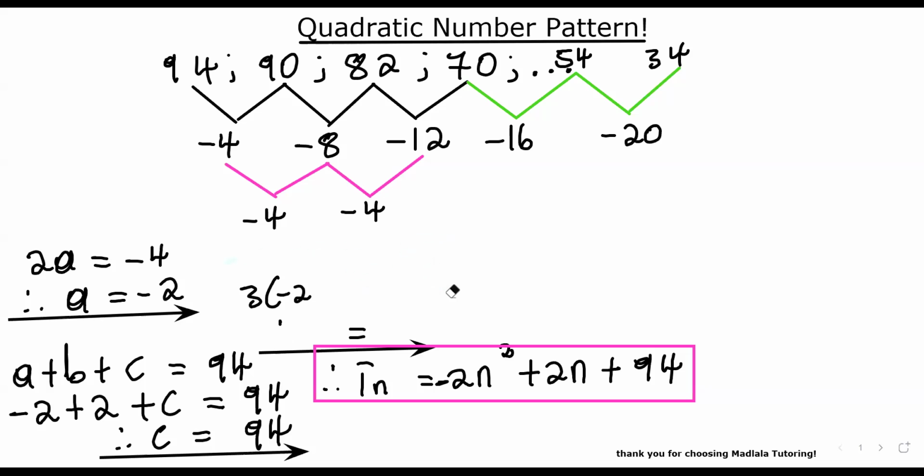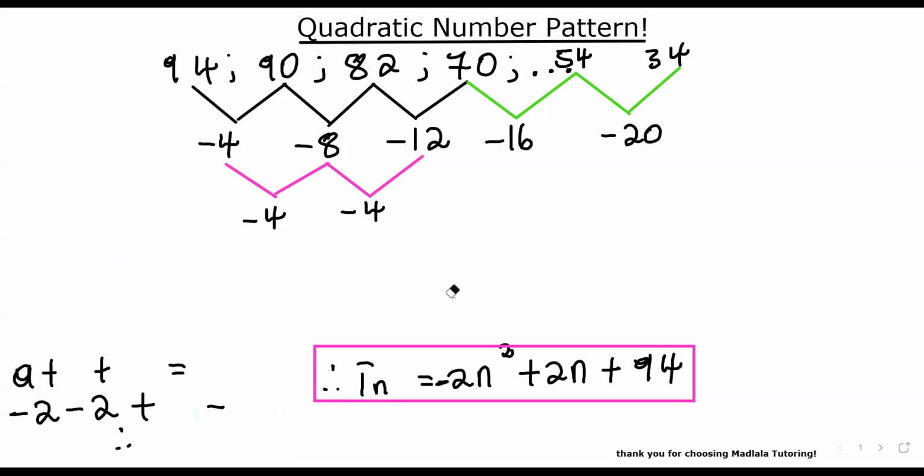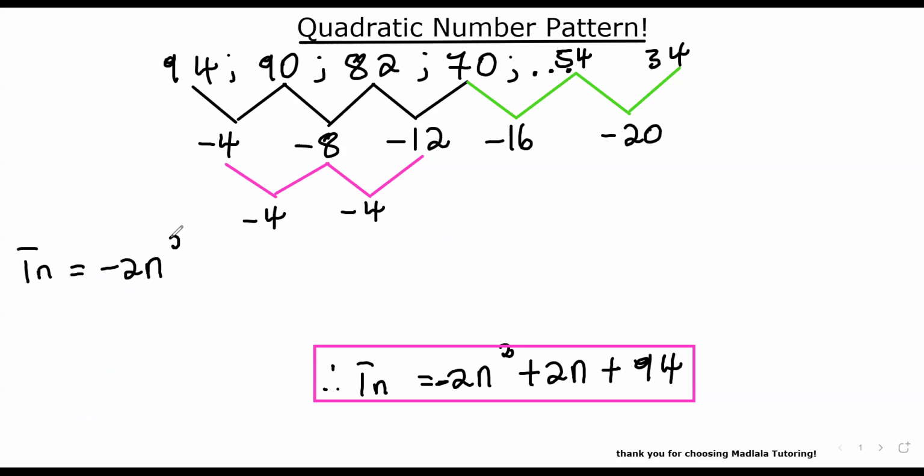So I'm just going to clear this part. And I'm going to write the general term here, just in case we need it. In fact, we will. So our Tn equals negative 2n squared plus 2n plus 94.